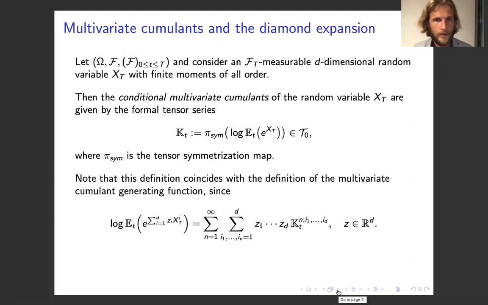Okay, so finally, let me give another result that is sort of contained in this theorem. For a given random variable that is measurable with respect to the final time of some underlying filtered probability space, the conditional multivariate cumulants of this random variable are given by the tensor exponential of that random variable's conditional expectation logarithm, and then applying this symmetrization map of the tensor algebra.